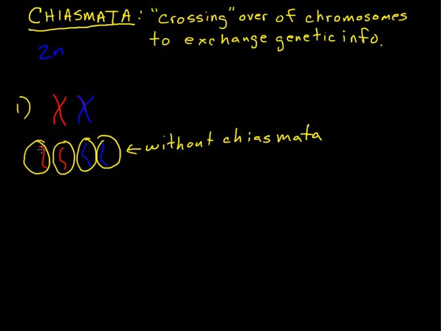Let's say there's only 2 possible combinations that these offspring could get from this one particular parent. With chiasmata, it dramatically increases the amount of different versions of chromosome number 1 that the offspring may receive from the same parent. And so let's look at, first of all, a photograph of actual chiasmata.